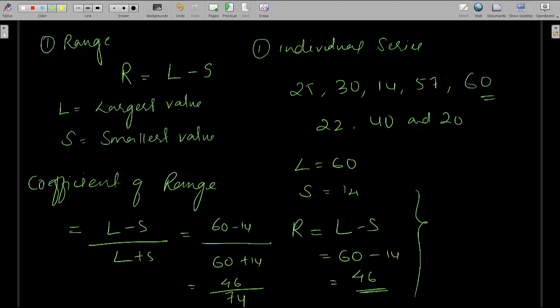Now you have to divide this, and whatever value you get will be your coefficient of range value. If you divide 46 by 74, you get 0.62. So this is your coefficient of range, the relative measure. This is how we calculate range in individual series.